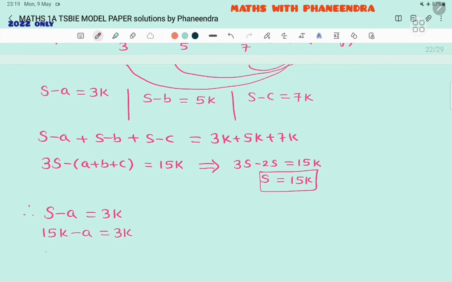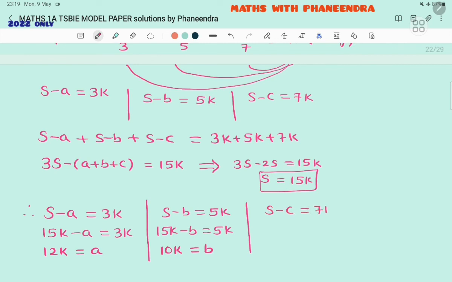So 3K we can take this side, 15 minus 3 is 12. 12K is equal to A. Next, S minus B is equal to 5K. 15K minus B is equal to 5K. 15K minus 5K is 10K. 10K is equal to B. Next, S minus C is equal to 7K. 15K minus C is equal to 7K. 15 minus 7 is 8. 8K is equal to C.